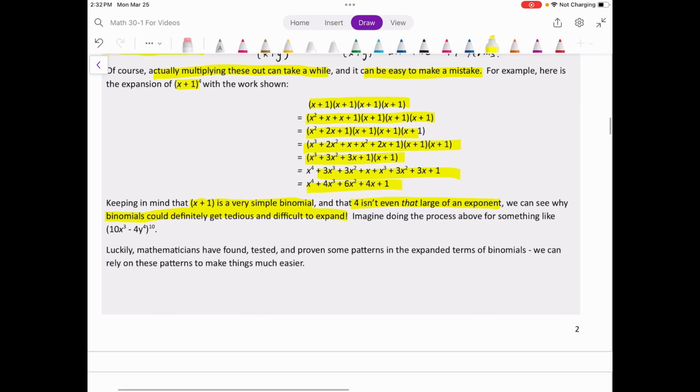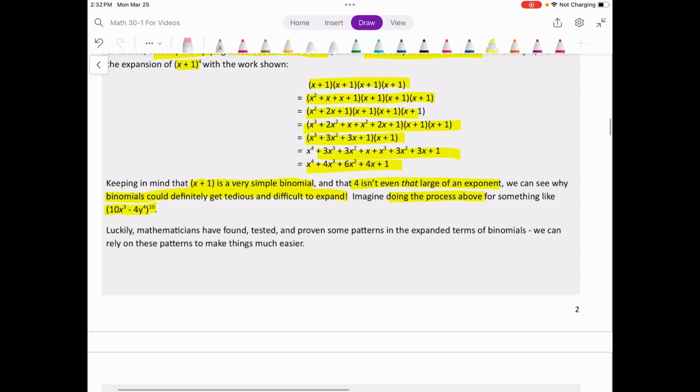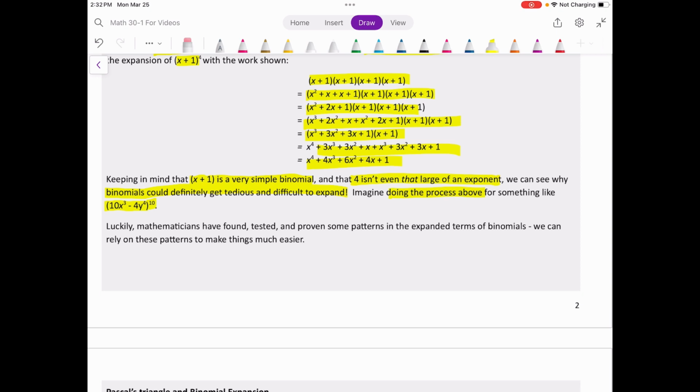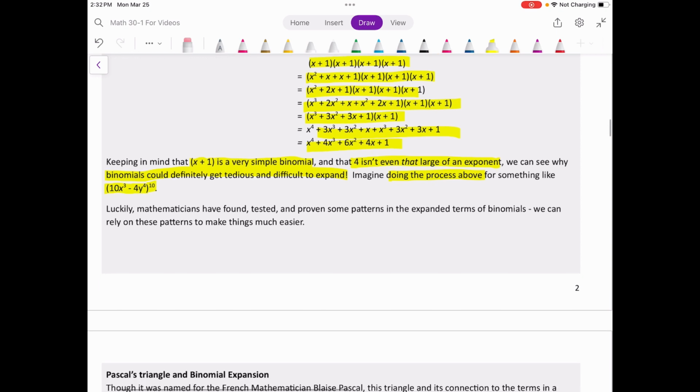If you imagine doing the process above for something like 10x cubed minus 4y to the power of 4, to the power of 10, imagine doing this, but for that multiplied by itself 10 times, you could see that wouldn't be the most fun thing on earth to do. It would be very easy to forget a negative somewhere along the way, or to accidentally combine your like terms, or to apply the power incorrectly. It can become very tedious. It can be a lot of work just to expand something like that.